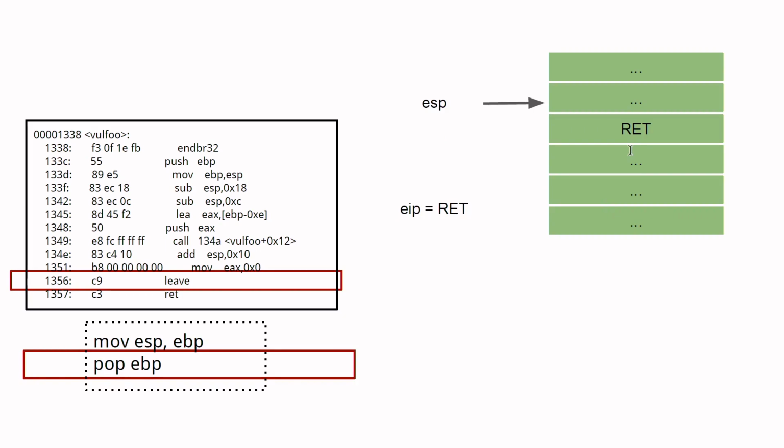Sorry about that. So the last instruction we are going to execute here is a return instruction. And the return instruction will pop whatever ESP was pointed to into EIP. Then ESP moves up 4 bytes. Then the CPU starts executing at this return address.